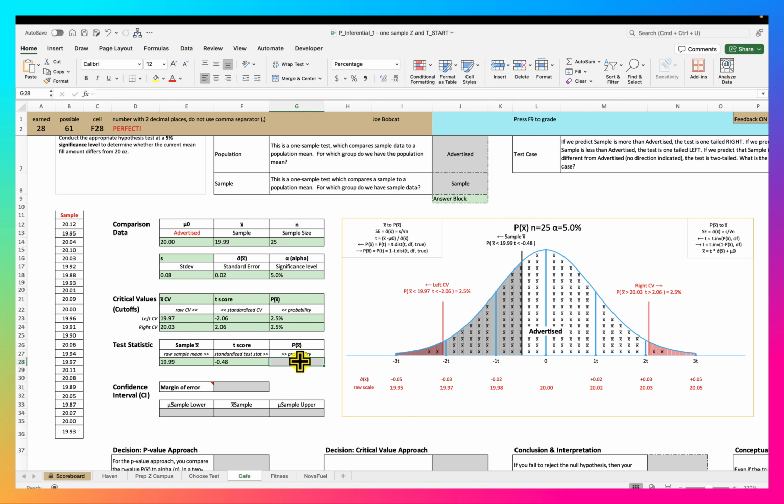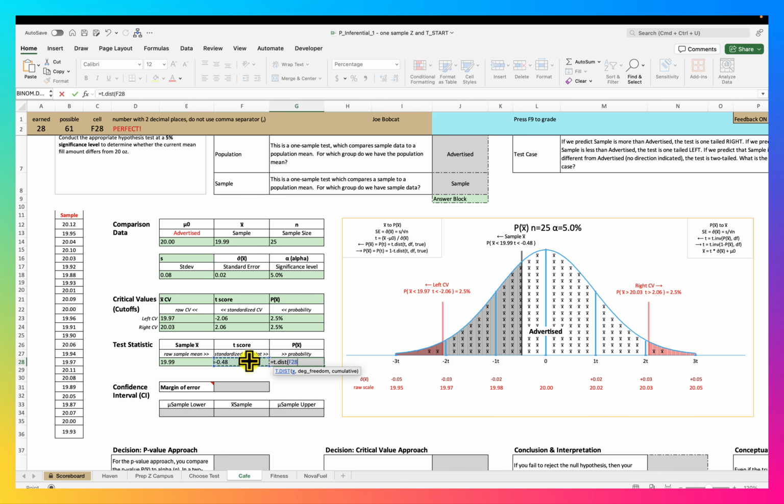But let's calculate the probability anyway. So it's probability, but looking left, right? So this is from x bar to p of x bar, so we're on this side. We're looking for probability looking left, which is going to be t dot dist of that.